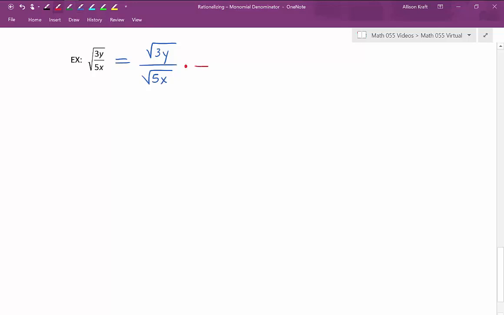We want to eliminate the square root in the denominator, so we want to ask ourselves, what are we going to multiply 5x by so that we get a perfect square? Five times 5 is going to give us 25, which is a perfect square. And then what exponent is going to cancel with our radical index of 2?